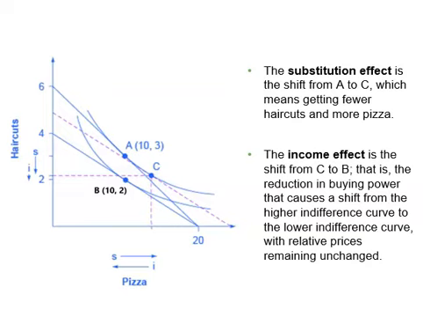The income effect is the movement from point C to point B, which shows how Ogden reacts to a reduction in his buying power from the higher indifference curve to the lower indifference curve, but holding constant the relative prices, because the dashed line has the same slope as the new budget constraint.